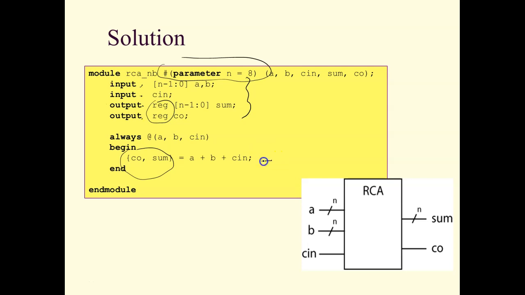Now, if I look at this equation, the largest operand is n bits, and all three of these have n bits. So what's going to happen is these values right here are also going to be expanded to n bits. They're expanded by zero extension because they're unsigned values.